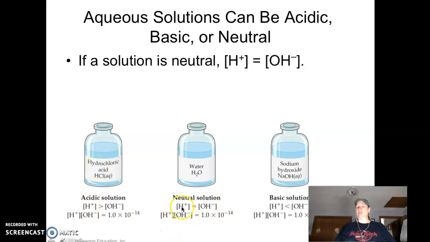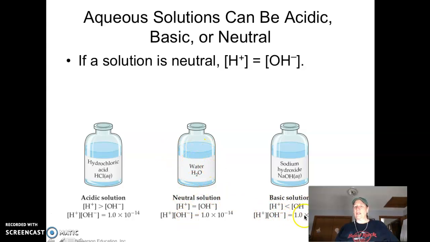Sorry, I didn't mean a base. If I want it to be a neutral solution, these two have to equal each other. And I can tell you their concentration is going to be 1 times 10 to the negative 7. Because if the two of them multiplied together equal this, then they have to be 1 times 10 to the negative 7. So they both equal that.